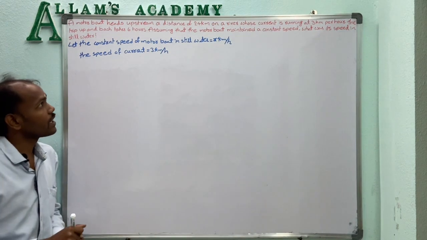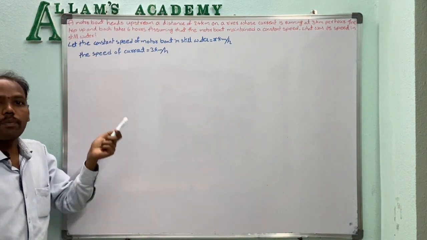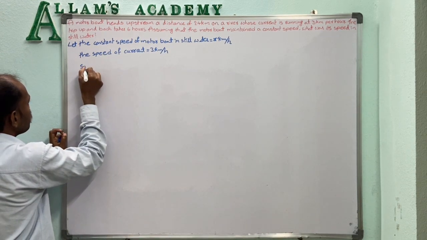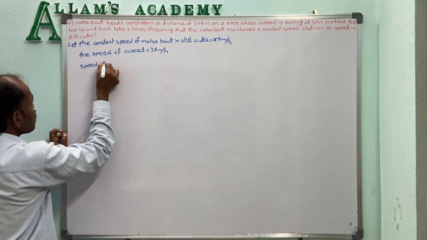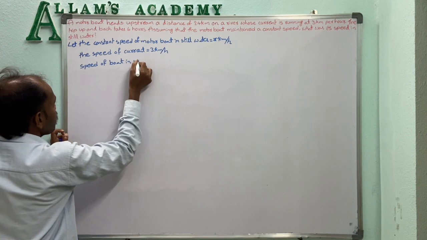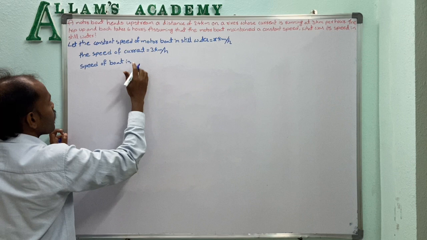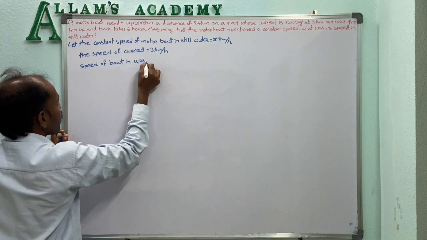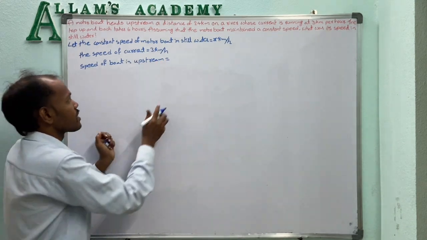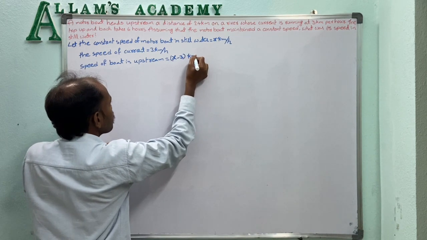Next, here given the up and back, that means upstream and downstream. So speed of boat in upstream equal to, upstream its speed is decreased, so x minus 3 kilometers per hour.